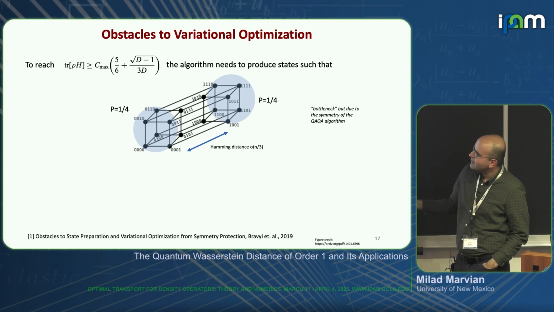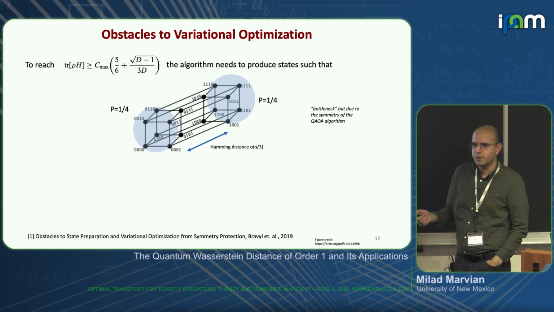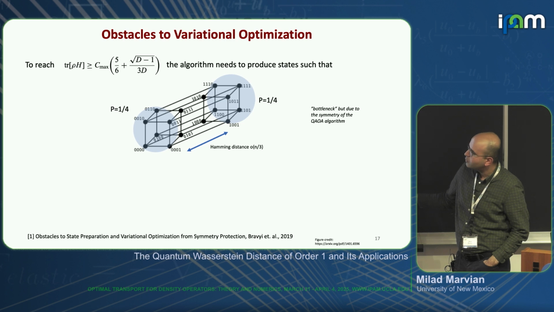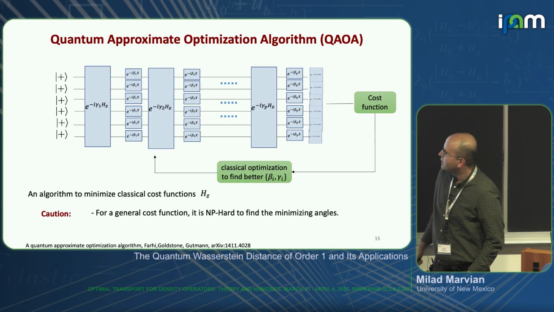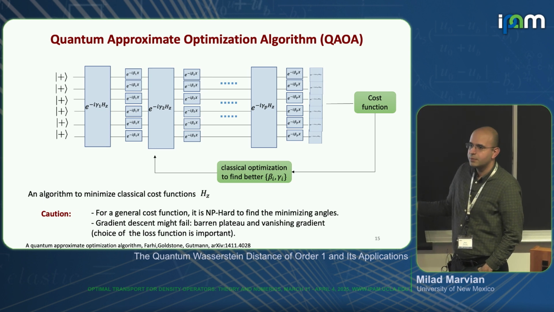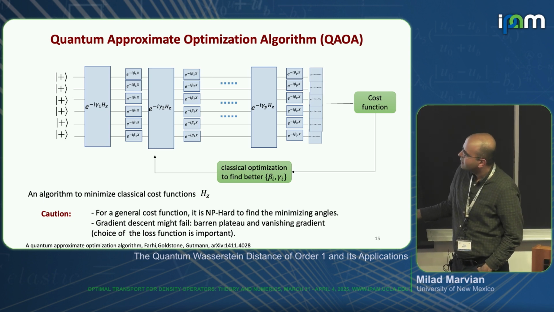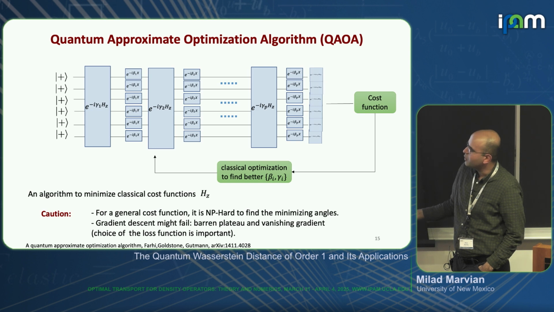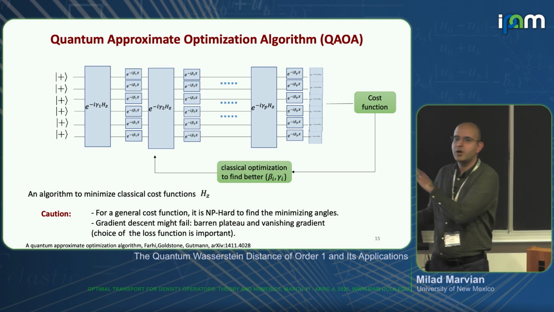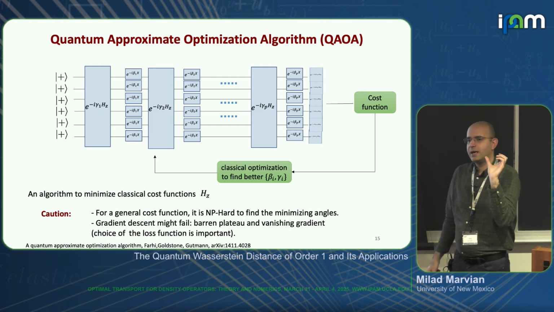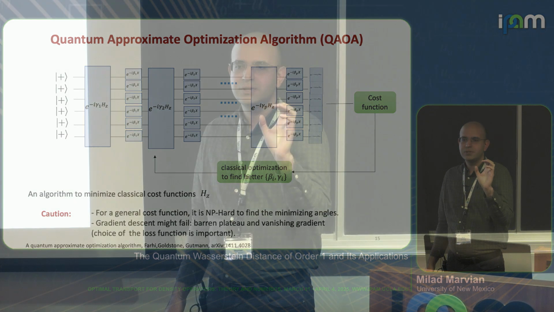But the important thing is that it's coming from the symmetry of the problem. The fact that you have two different regions is coming from a very particular property of this algorithm, which is that, if you look at it, everything commutes with X tensor n. It has a very particular symmetry: if all zeros are the solution to something, all ones are also a solution to it.